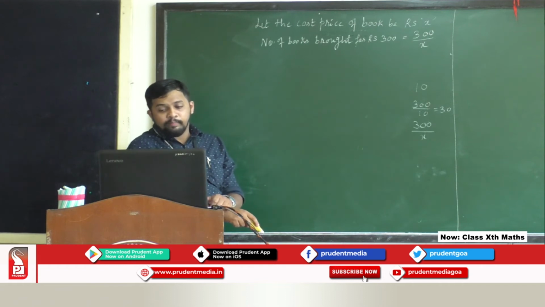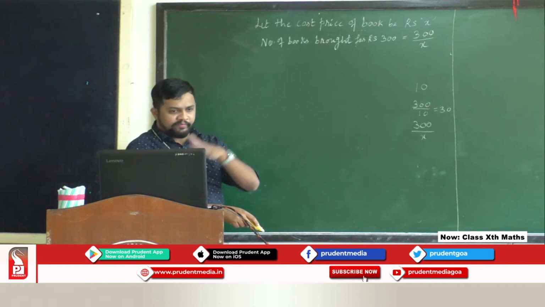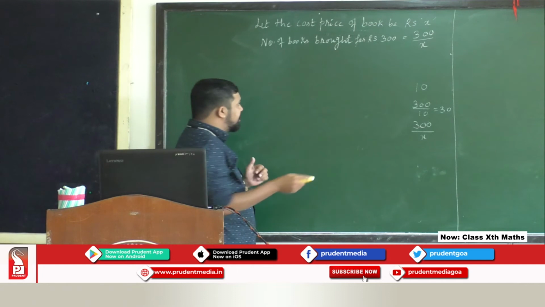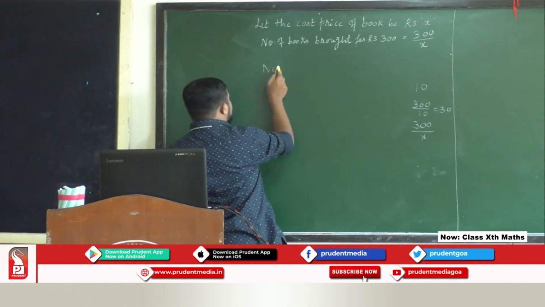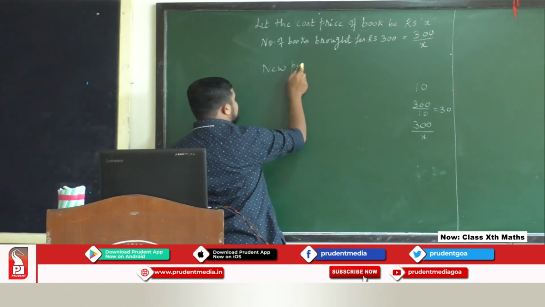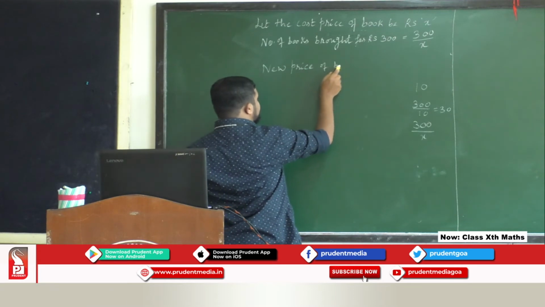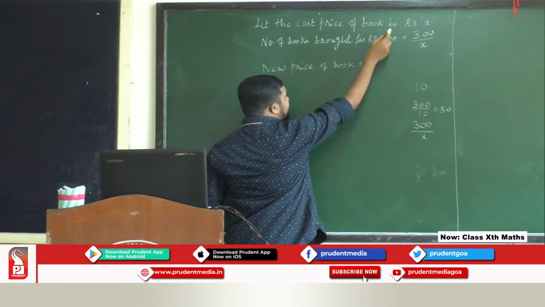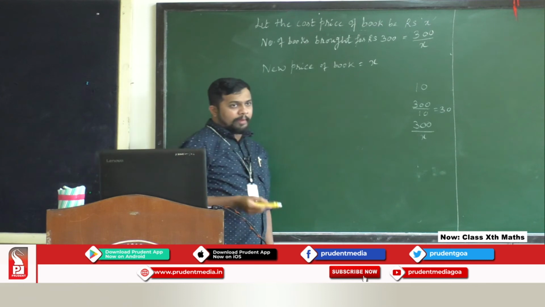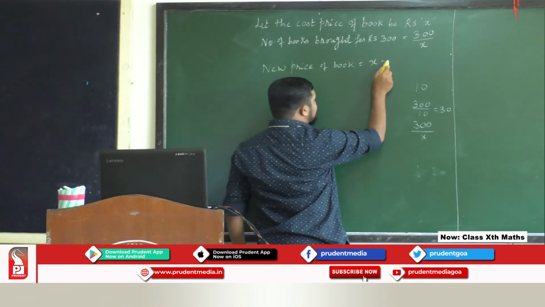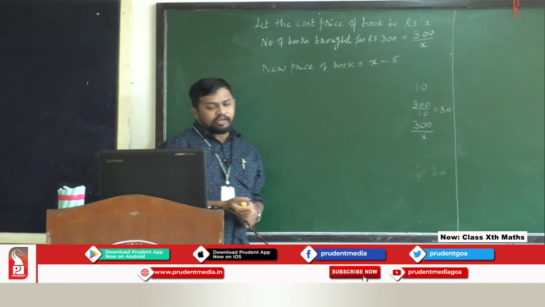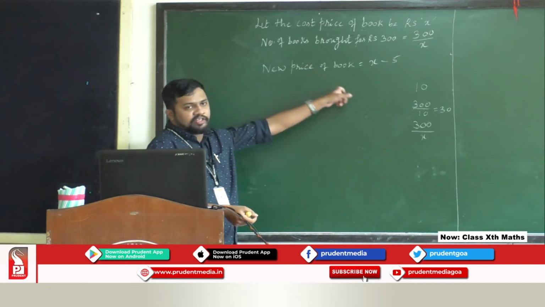Now he's saying the book price is reducing by 5. So I'm giving you now the new price. Earlier price was X. Now it is reduced. Reduced means minus sign or negative. So it is X minus 5. So X minus 5 is the new price of a book.